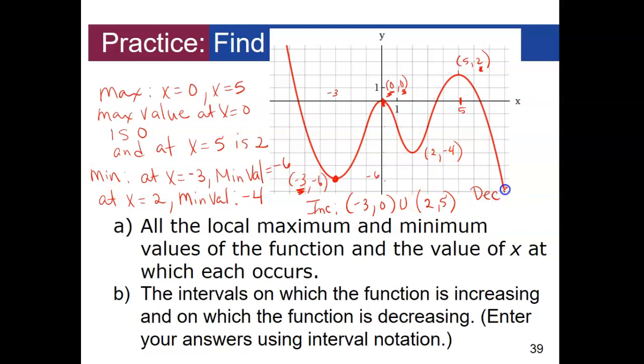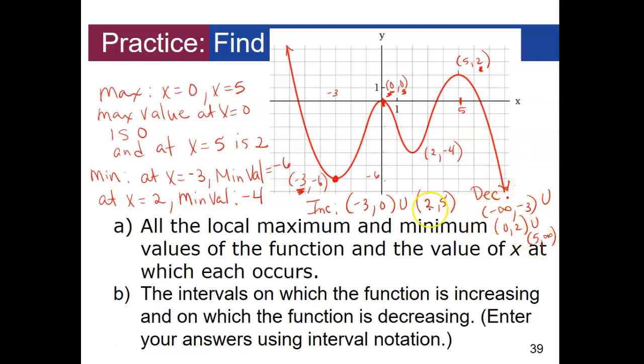It's going to be decreasing from -infinity to -3, which is this part of the graph. It's going to decrease here from 0 to 2. And then it's also going to decrease over here from 5 to infinity.